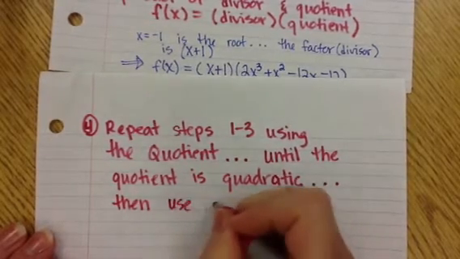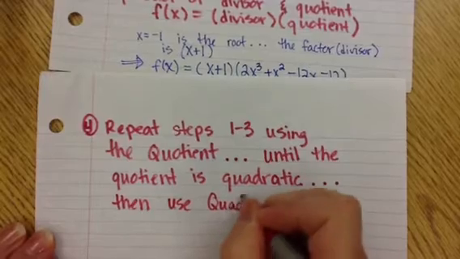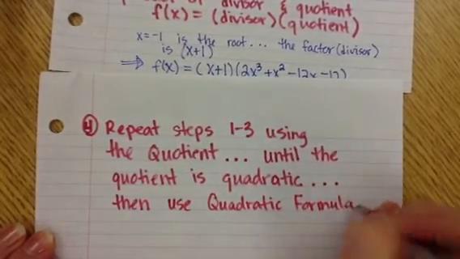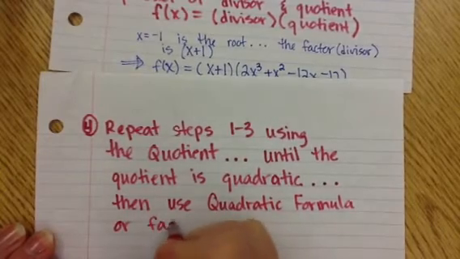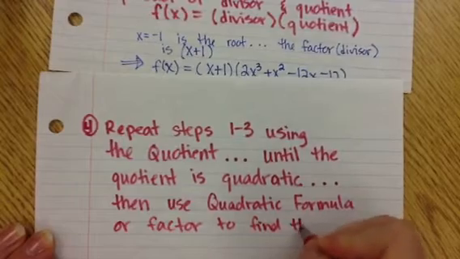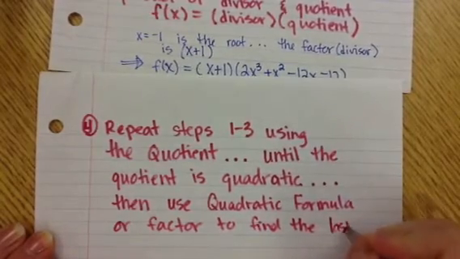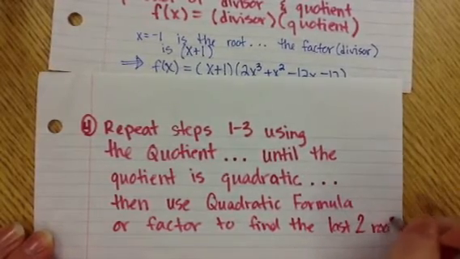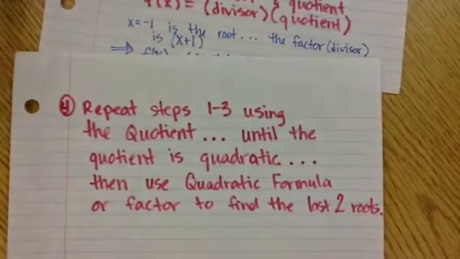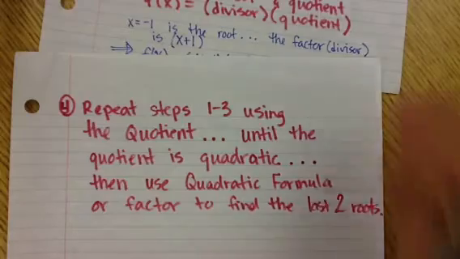Then we will use the quadratic formula or factoring to find the last 2 roots. Okay, so we're going to go back and repeat steps 1 through 3.